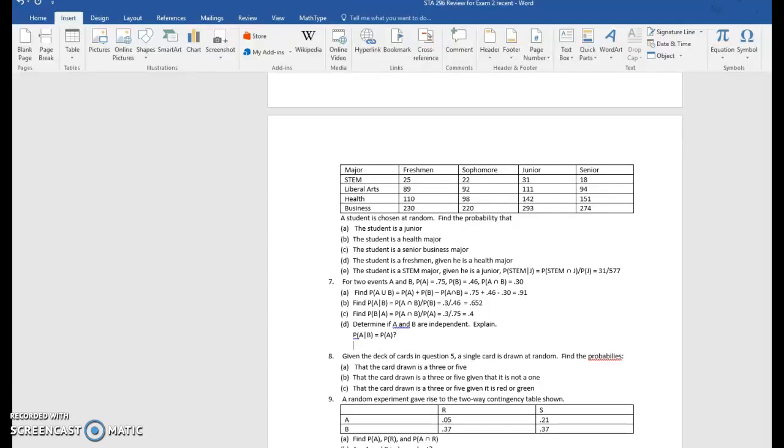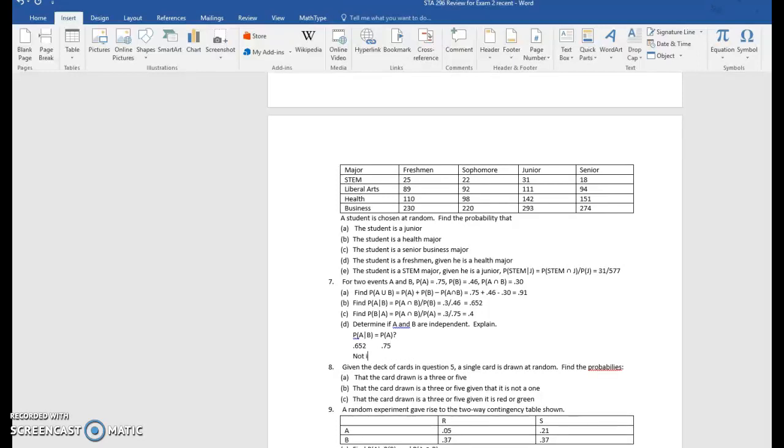Well, let's notice we did the probability of A given B. It was 0.652. And we did the probability of A. Well, we know the probability of A. It's 0.75. Those are not the same, so this is not independent. Now, if they were the same, of course, they would be 2 independent events.